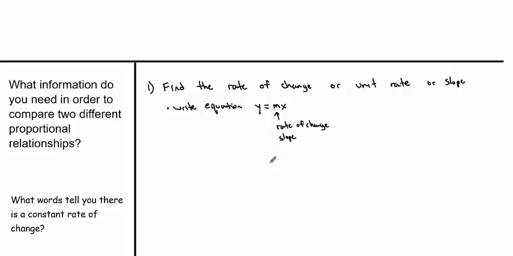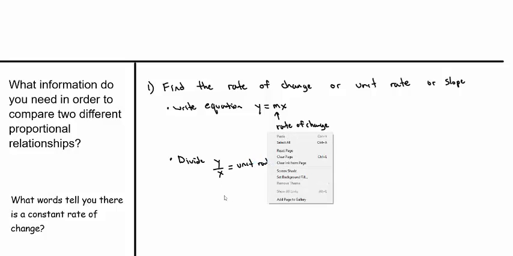Finding the rate of change or unit rate is really powerful, because then we could find any amount. So how do we do that from a table, right? We could divide y divided by x, which is going to be equal to our unit rate. So what was an example?